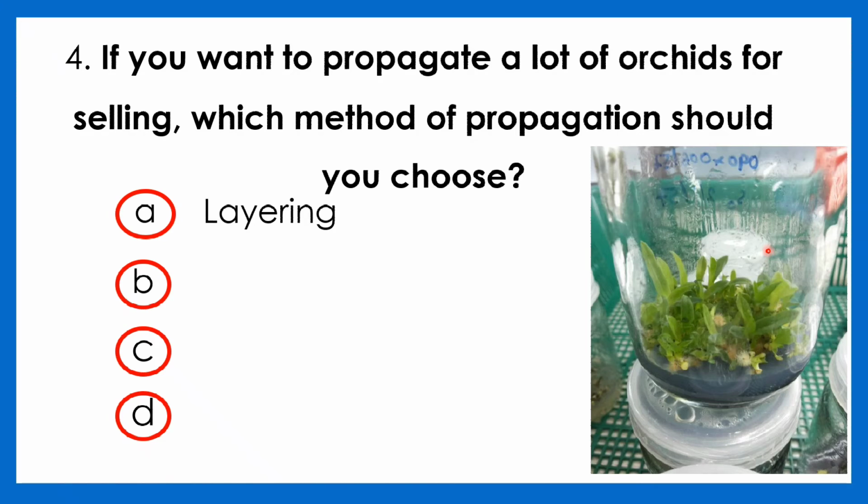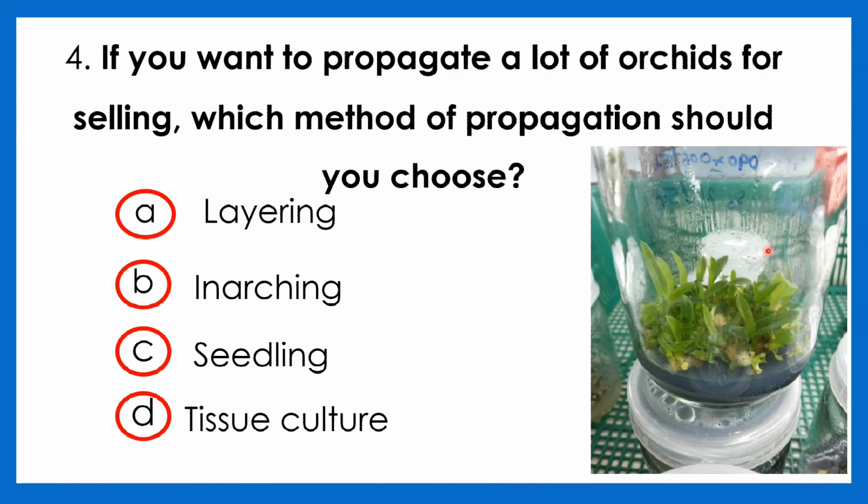Letter A, layering. B, anarchy. C, seedling. D, tissue culture. If you can still remember this picture, then you can answer this question. Okay, now write your answer.